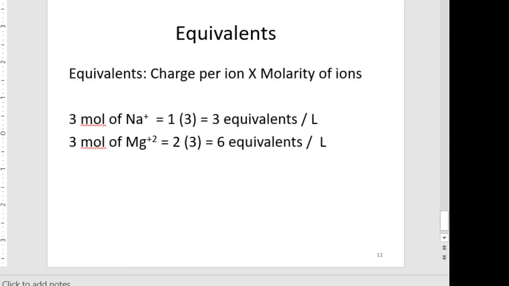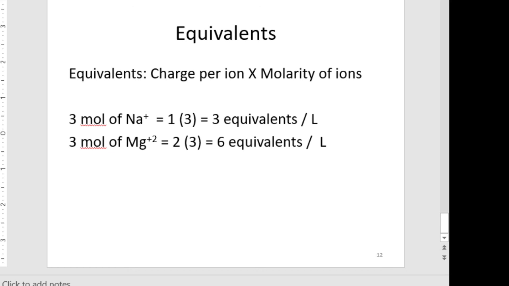Let's see. The last thing we have is this idea of equivalence. Now, for equivalence, you're going to take the charge times the molarity. And that'll give you equivalents per liter. All right.